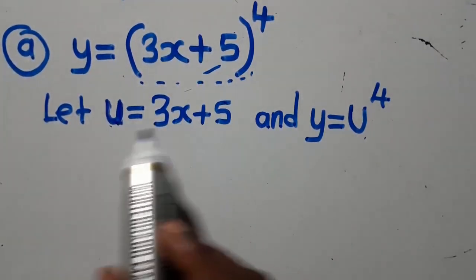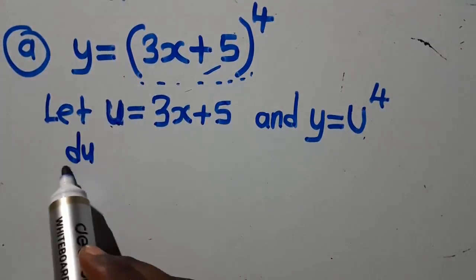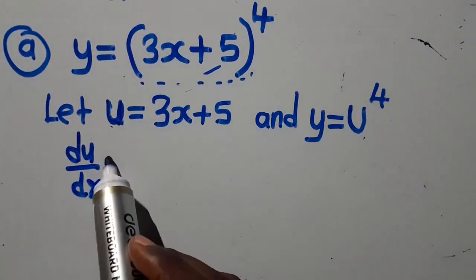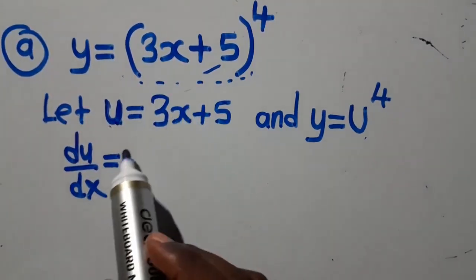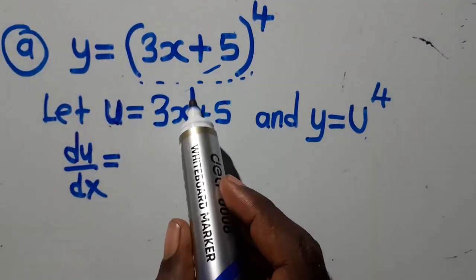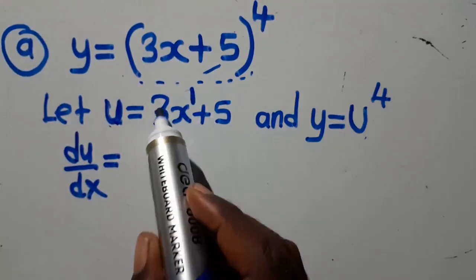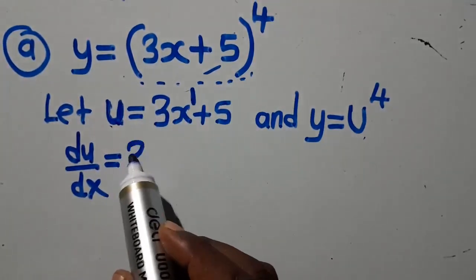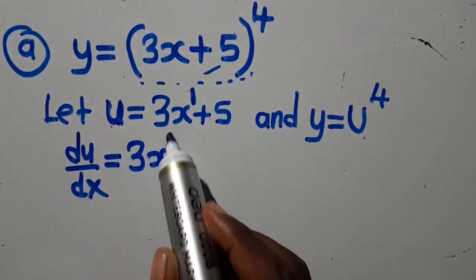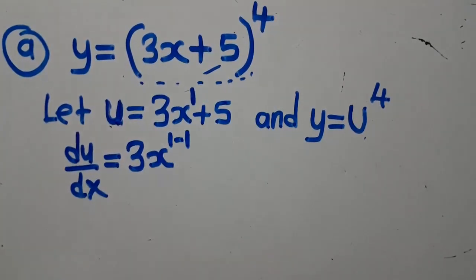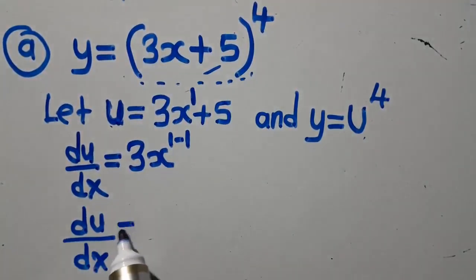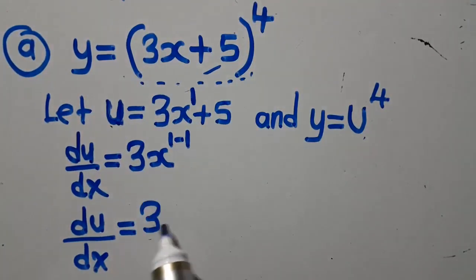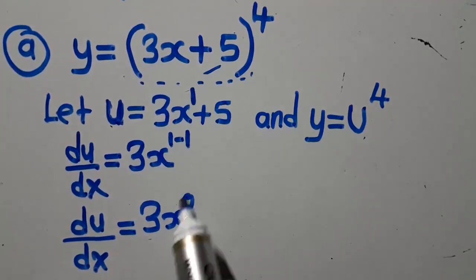So you are differentiating u with respect to x. So du/dx is equal to, how do you differentiate this? There is a 1 there, so you say 1 times 3, that is 3x to the power 1, and you remove the 1. So du/dx is equal to 3x to the power 0.